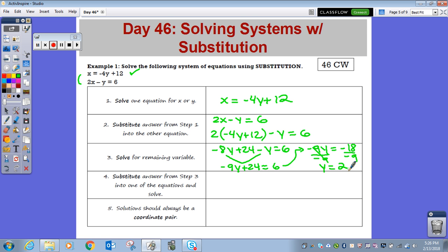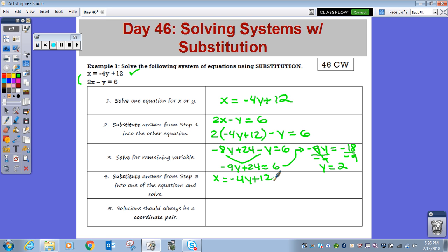The only step left is to solve for x. I'm going to take that y, which is 2, and plug it into either the first or the second equation. It doesn't matter which; you should get the correct answer no matter which equation the 2 goes into. I'm going to pick the first equation, x equals negative 4y plus 12.